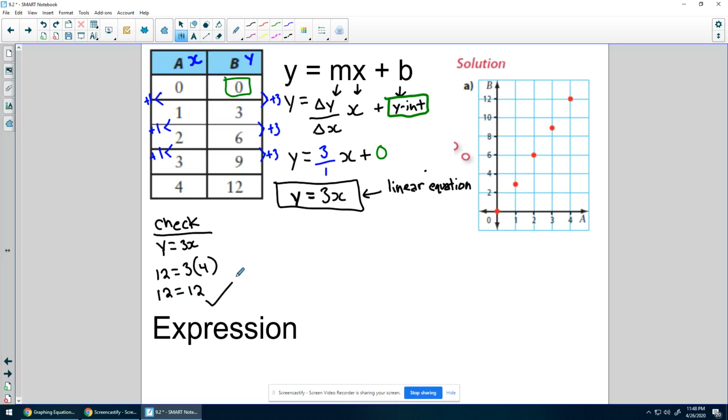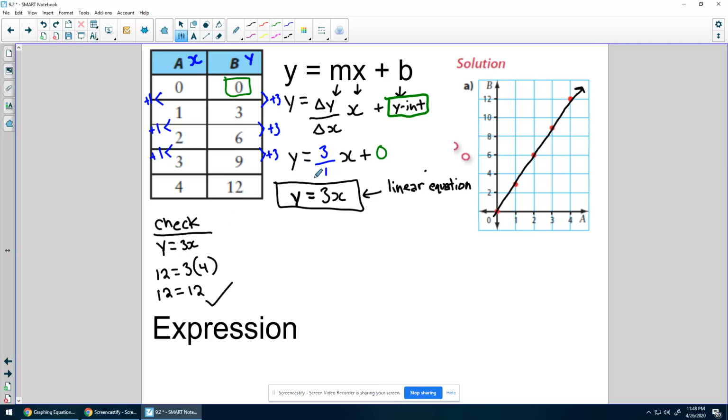Is 12 equal to 12? Yes. Then we know that is our linear relation. And if we plot those points right here, 0, 0, 1, 3, and so on, that creates a straight line, which is a linear equation.